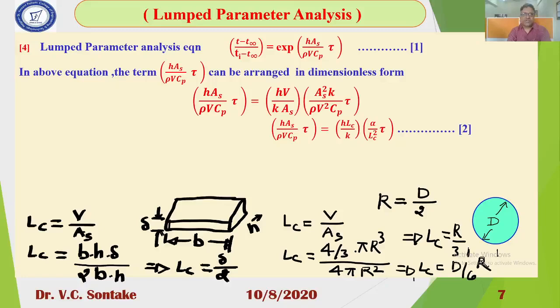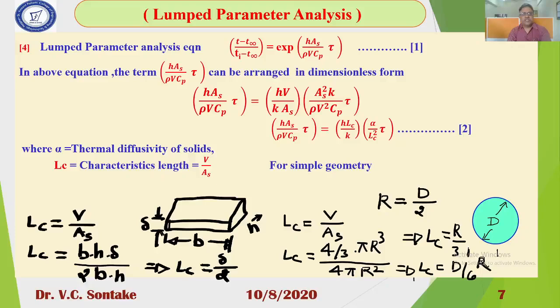Let's say this is equation number 2. In this equation number 2, alpha is the thermal diffusivity of the solid. It is measured in meter square per second and is given as k over rho Cp. And Lc is called the characteristic length of the body, calculated as V over As, that is, volume over surface area of the body.